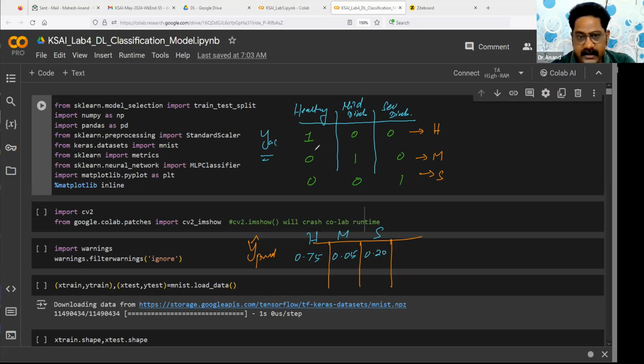Whenever you are training on the healthy record, the model learns the healthy record as 75% healthy, 20% chance to be, let me give 25% chance for mild and 5% chance.